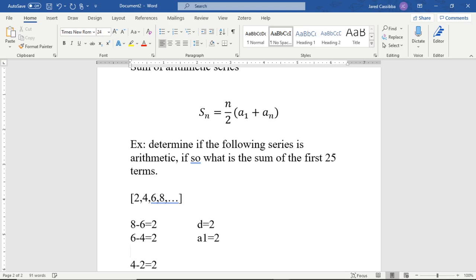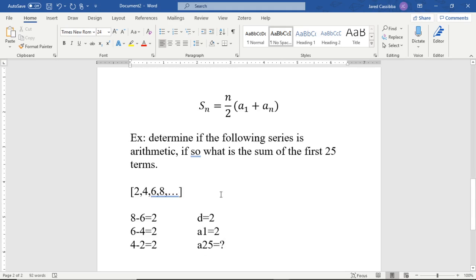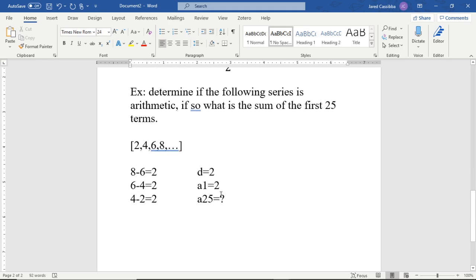Then we need, it wants the 25th term, so I'm going to do a_25. We don't know that yet. We have to figure that out. So we know from the example before how to make our equation. We have to make the equation and then plug in 25 for n to get a number out.